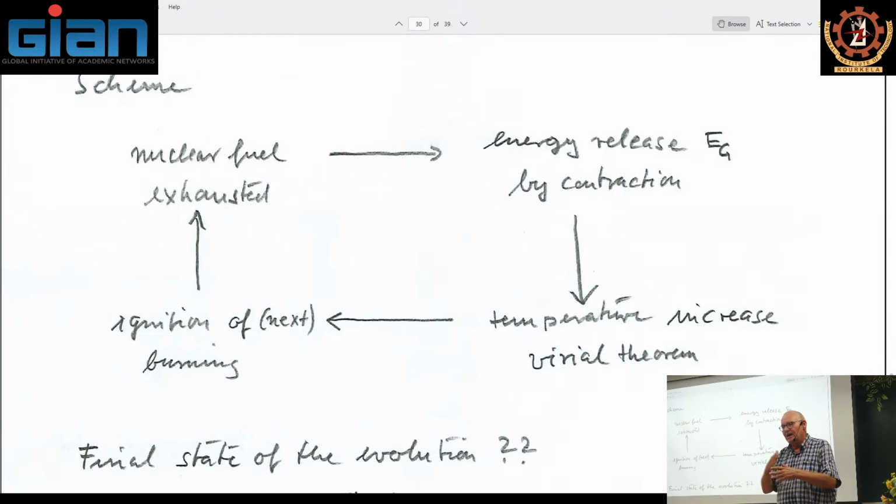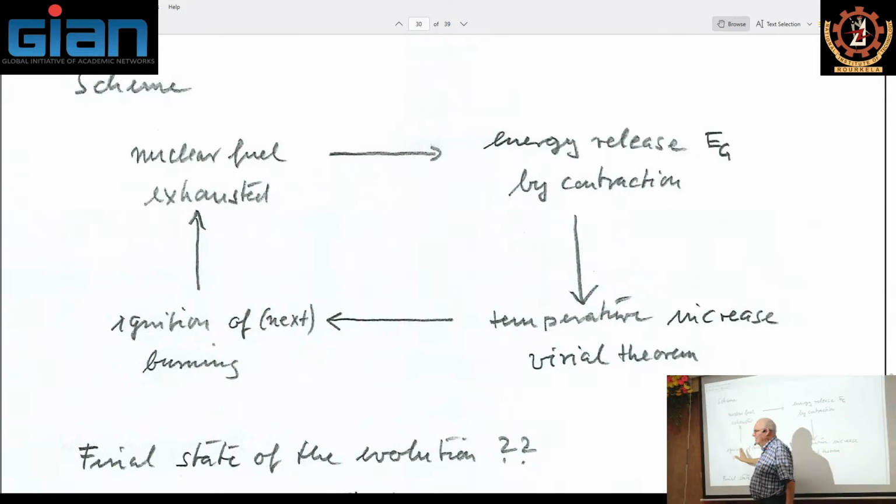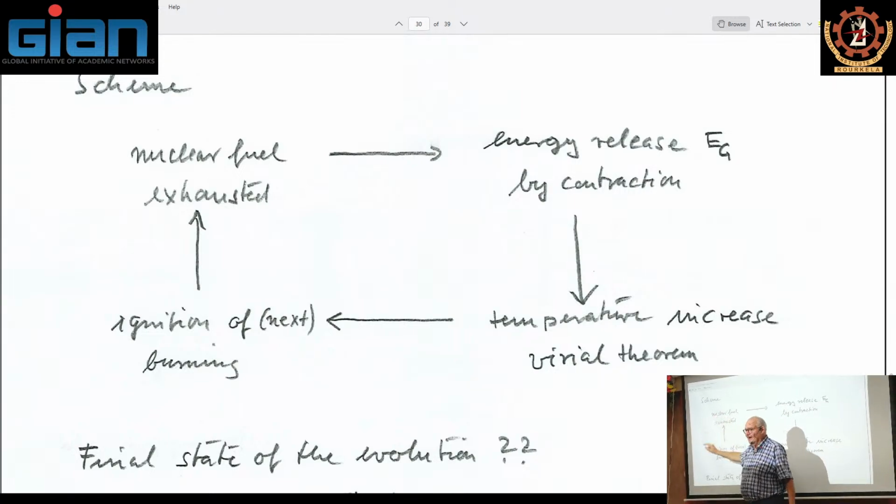If we go from hydrogen burning to silicon burning, then the temperature increases because the Coulomb barrier of the reactions becomes higher and higher. So we ignite the next burning, and once the next burning is exhausted at some time, then the cycle goes on.